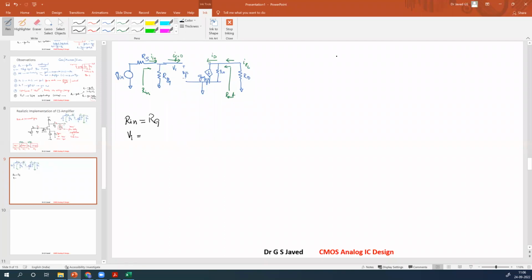Just think the circuit is like this, right? This is Rg, or we will call it as Rin now. And you will have Rs, and then you will have the voltage source Vin. So this is Vi. So what is Vi? I think this one everybody knows, right? Farah, help me finish this quickly.